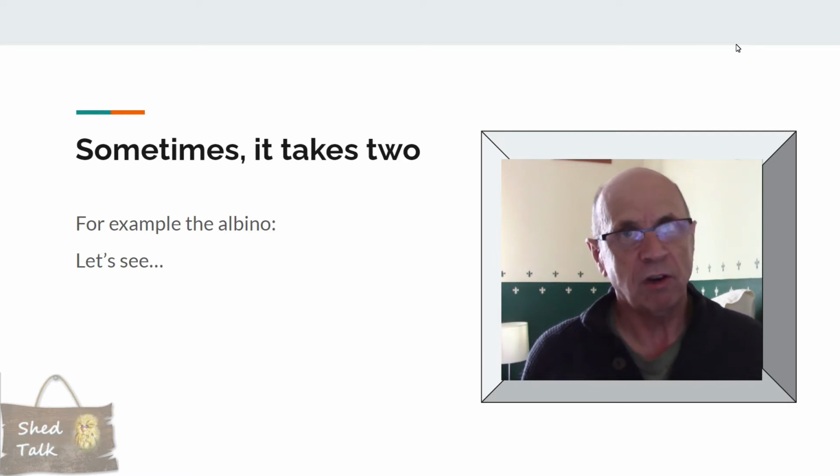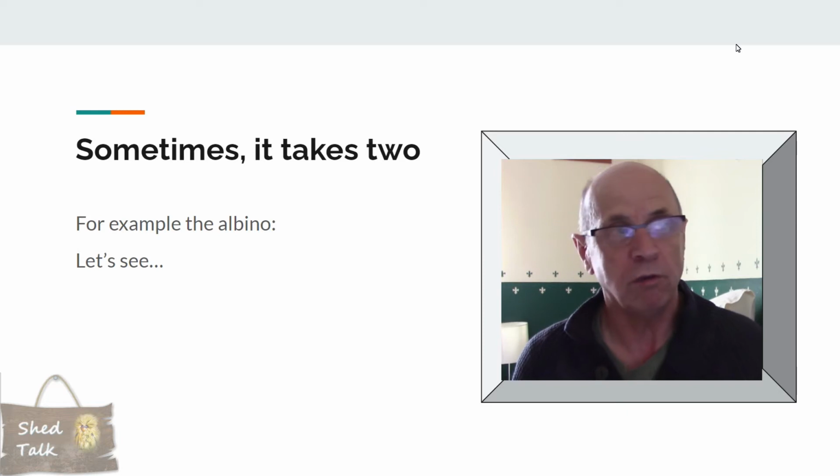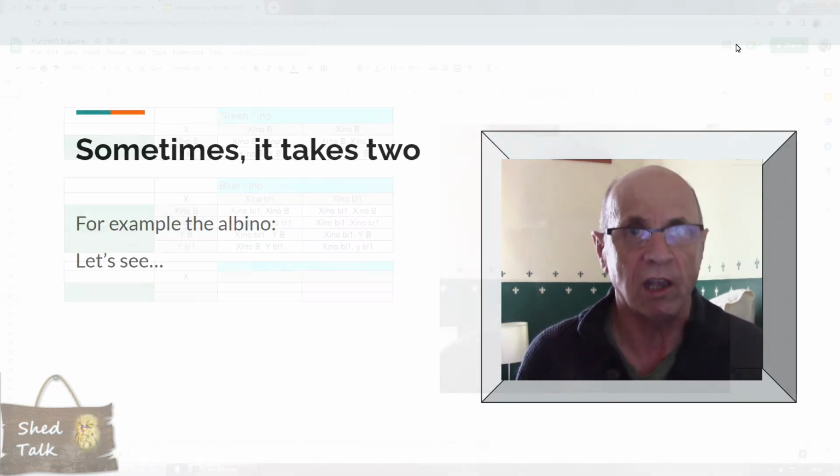because let's have a look at the difference between those two birds in terms of the number of genes that are involved to produce those two different types of birds. So we'll flick back over now and do it via the Punnett square, because it's slightly easier to understand when you can see it laid out.